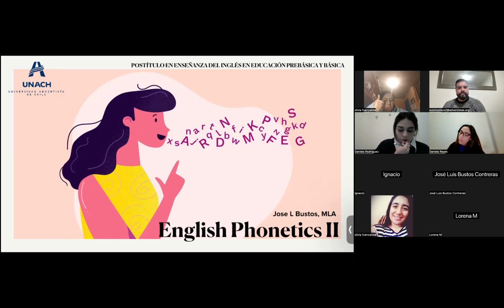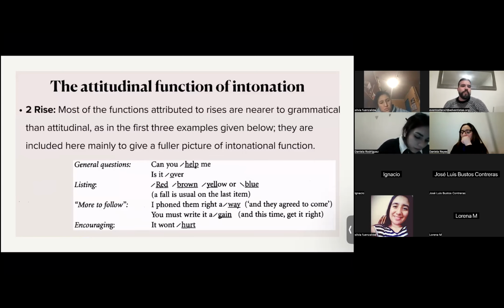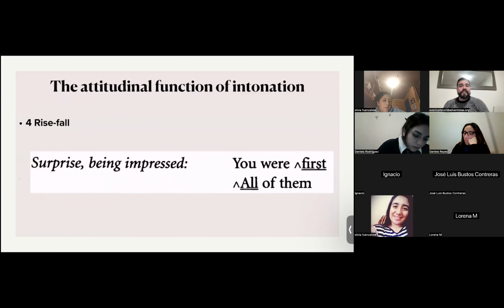Student: There is a request intonation, question, surprise intonation, and what else? Teacher: Finality, definitiveness, for general question, listing, more to follow, encouraging, uncertainty, doubt, requesting, surprise, and being impressed.